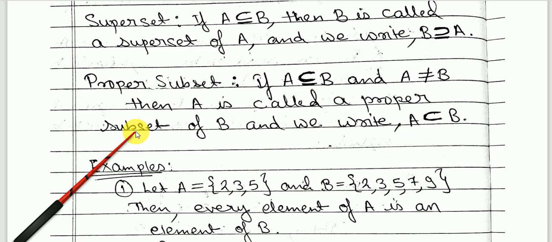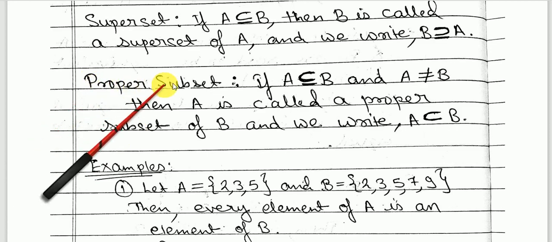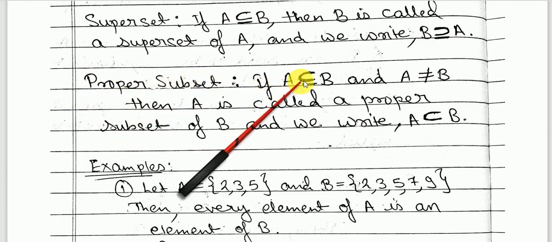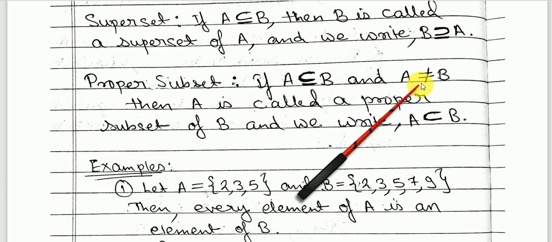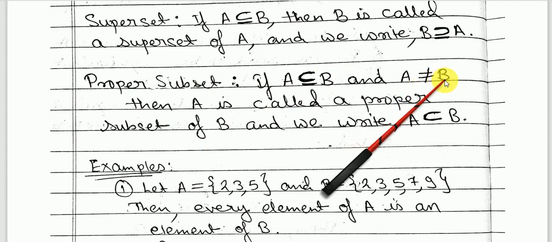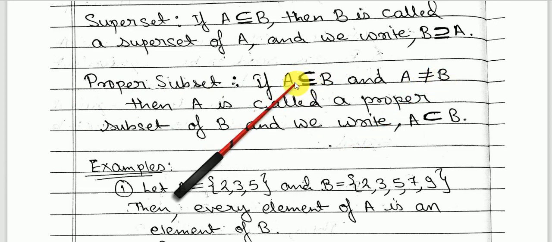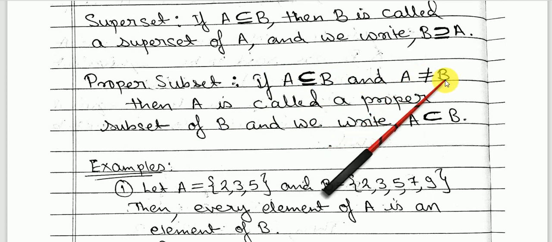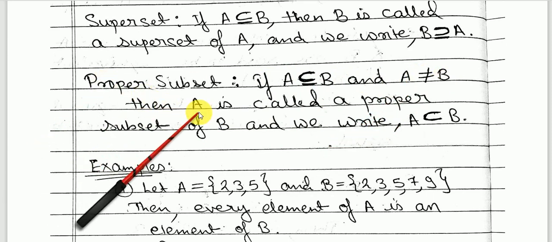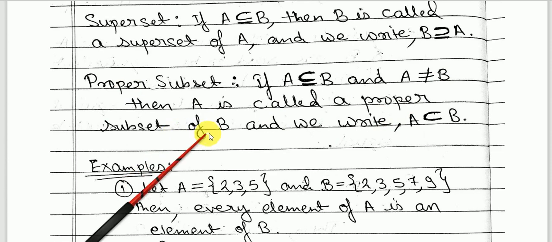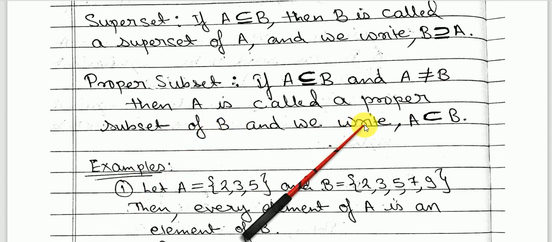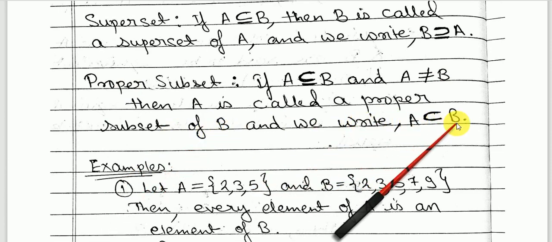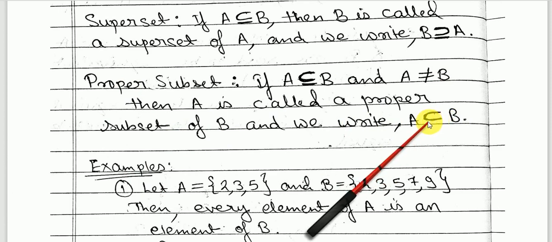Proper subset. If A is a subset of B and A is not equal to B. Here A is a subset of B means every element of A is contained in B. So if A is a subset of B and A is not equal to B, then A is called a proper subset of B, and we write A is a proper subset of B. So here that equal sign is removed.